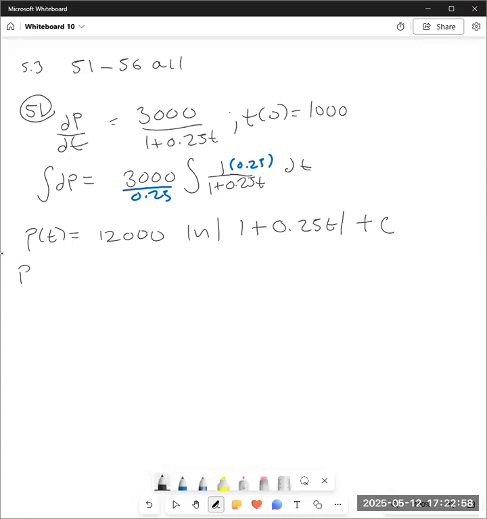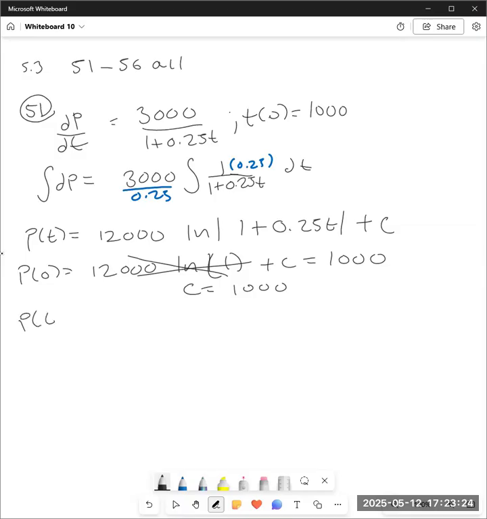P of 0 is equal to 12,000 ln of 1 plus 0, which is 1, plus c, and that needs to be equal to 1,000. ln of 1 is 0, so this whole thing is 0. So c is equal to 1,000.